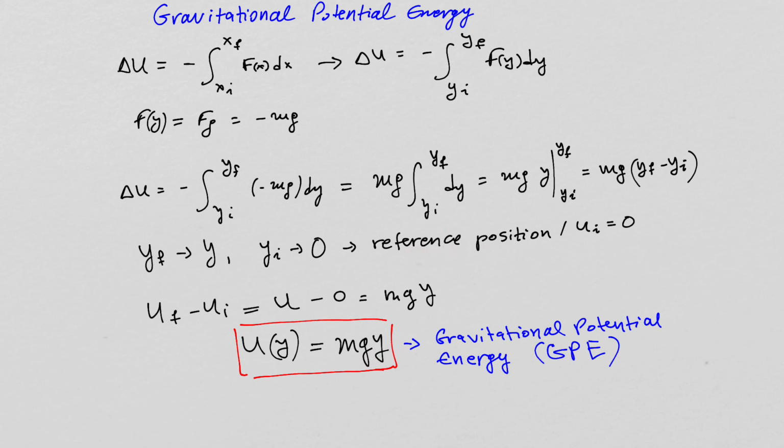Keep in mind that the selection of reference position will also determine the sign of the gravitational potential energy. If the object is above the reference position, then the gravitational potential energy will be a positive number. If the object is below the reference position, then the gravitational potential energy will be a negative number.